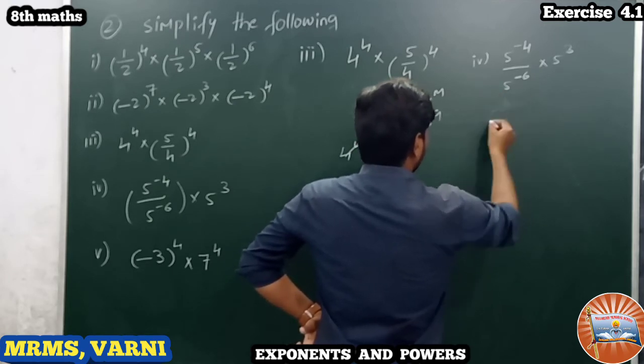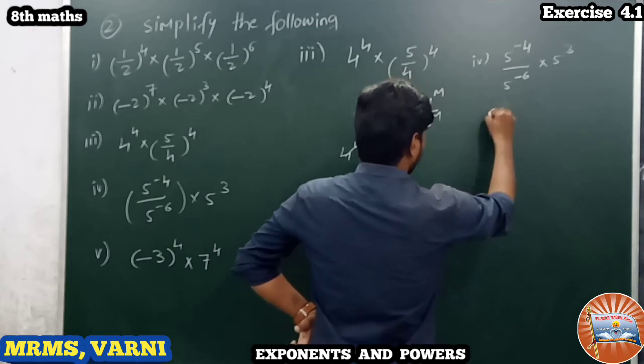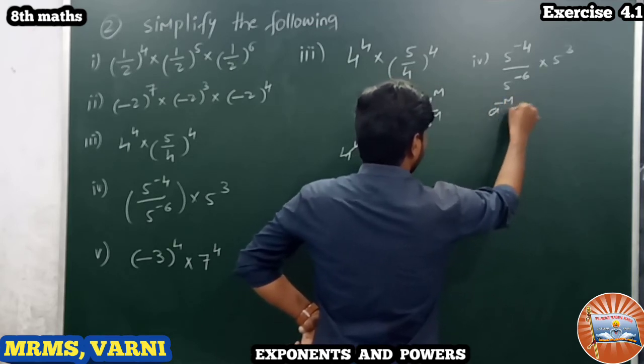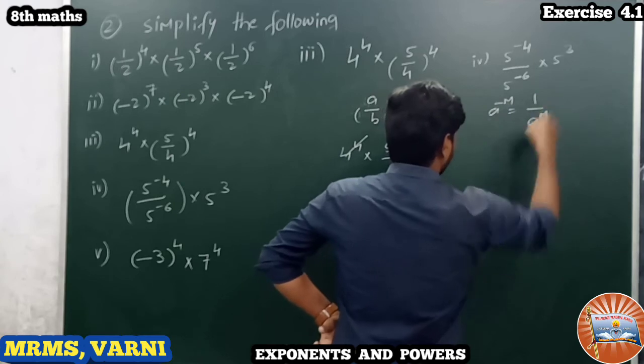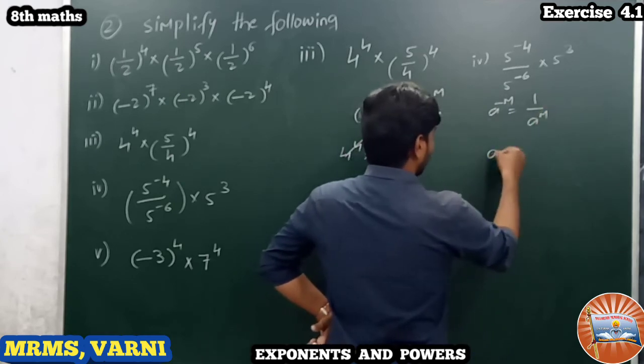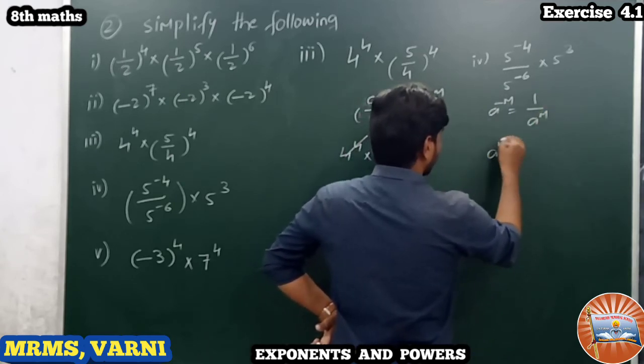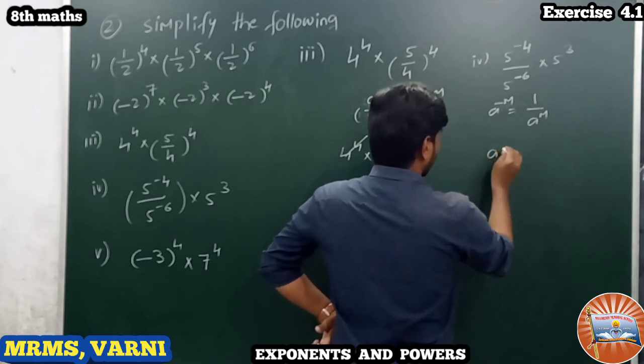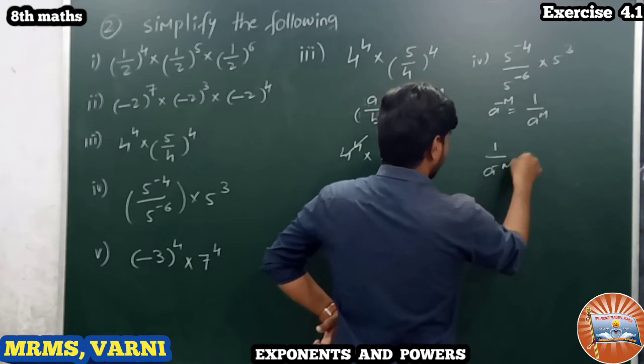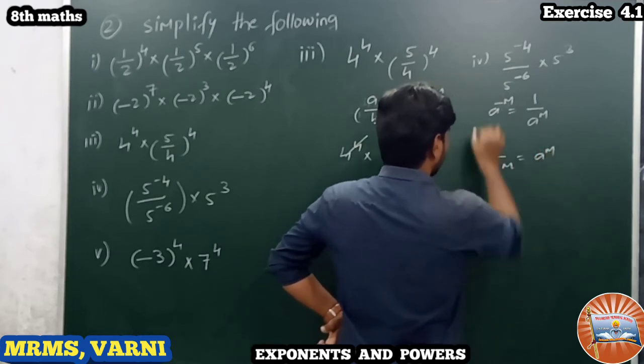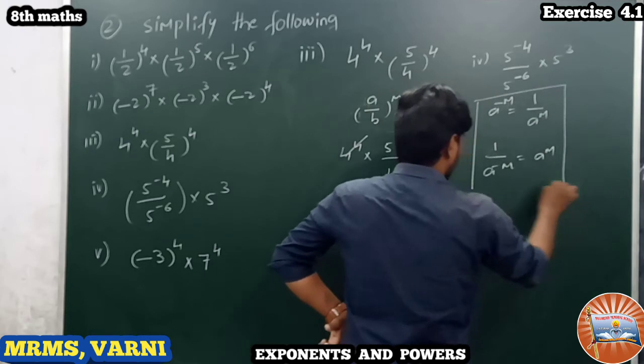And we have the formula a power minus m is equal to 1 by a power m, as well as 1 by a power minus m we can write a power m. These are the laws we have.